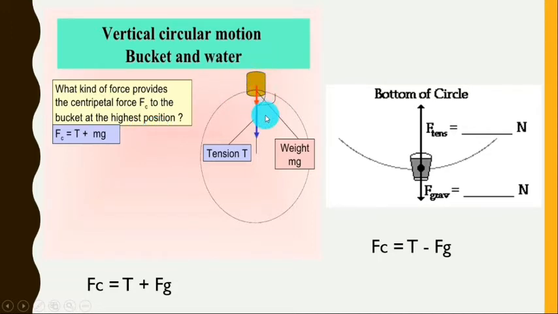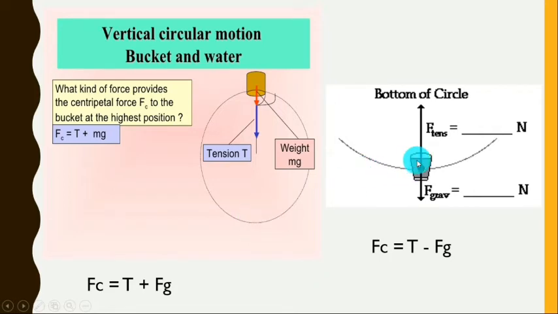We have two forces: tension from the rope or the string, and force of gravity, which is always toward down. So what is the net force equal? It is the sum of tension and force of gravity, which is mass times free fall acceleration. So if I ask you what kind of force provides the centripetal force, the answer is tension plus force of gravity.